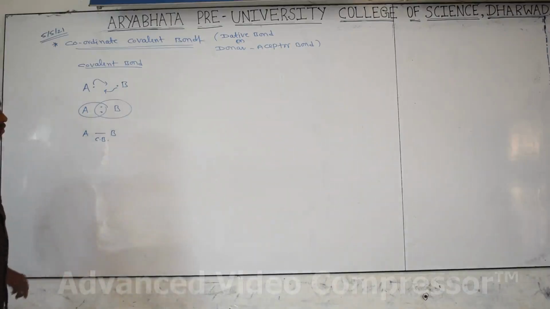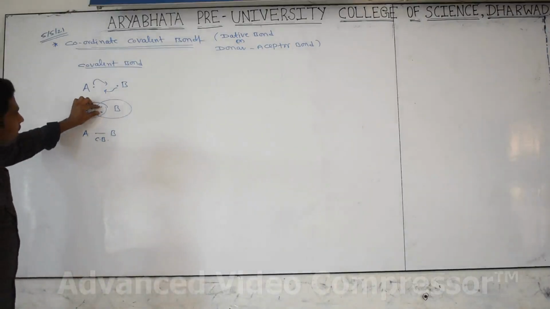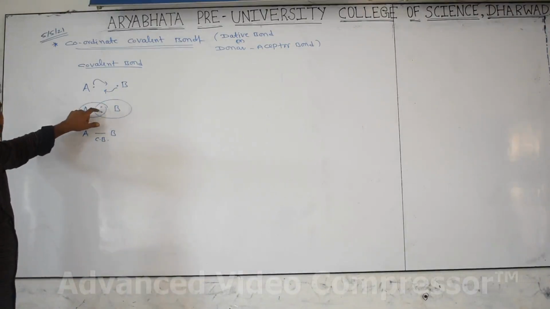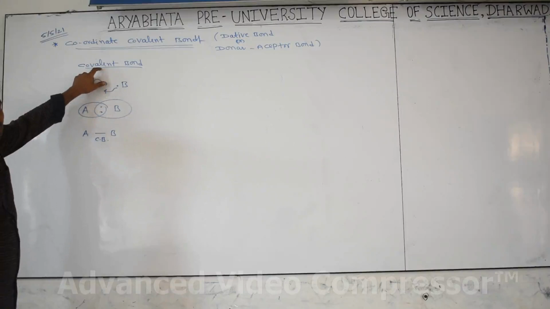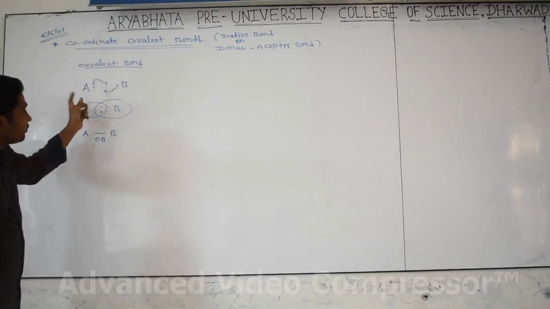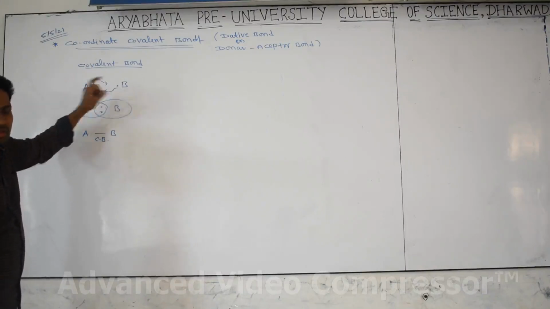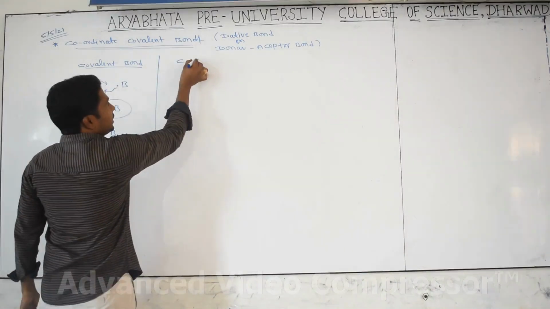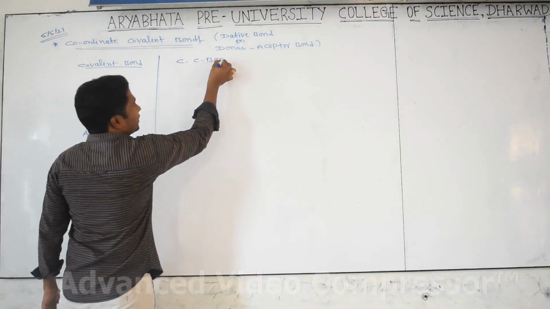Did you observe here the shared pair is coming from both the atoms, and the bond obtained after sharing is called a covalent bond. A covalent bond is a chemical bond which is formed by sharing of a pair of electrons which are coming from both the atoms. Now we are discussing the coordinate covalent bond.